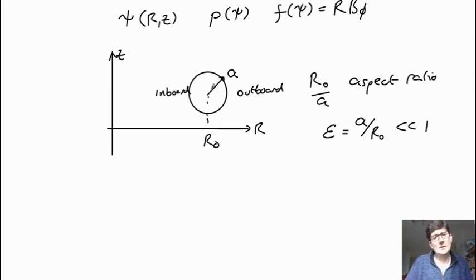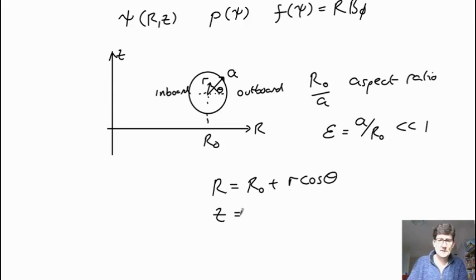So we have a major radius r naught, we have a minor radius, which is this r. So r is the distance or the location from the axis here to the edge, which is at r equals A. And we transform into a coordinate system where the major radius is r naught plus r cos theta. So theta is the angle here, the angle between the horizontal and the r vector.